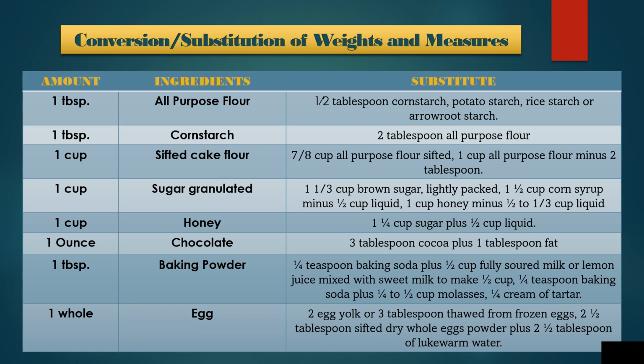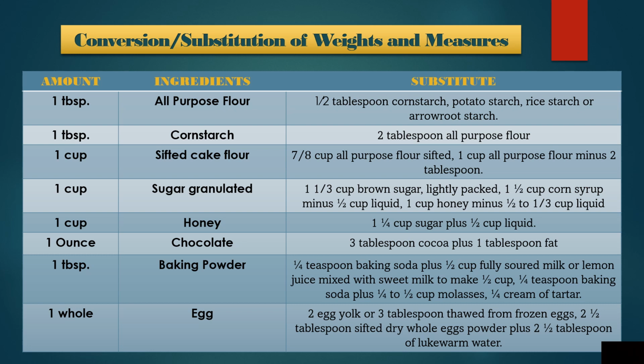And then, next, 1 ounce of chocolate, pwede natin siyang i-substitute into 3 tablespoon of cocoa plus 1 tablespoon of fat. And the next is 1 tablespoon of baking powder.